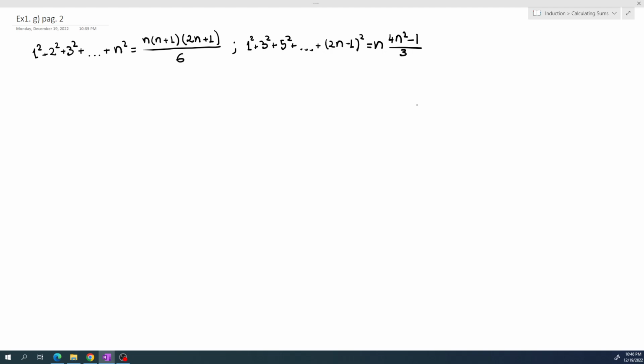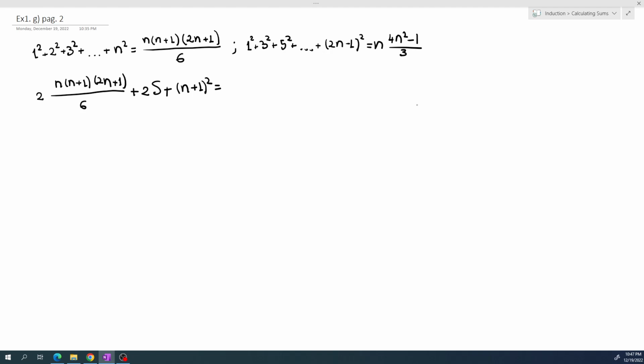So now I have 2 multiplied by n plus 1, 2n plus 1 over 6, and 2 because they are repeated, plus 2s plus n plus 1 squared.